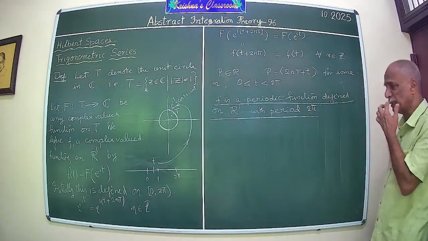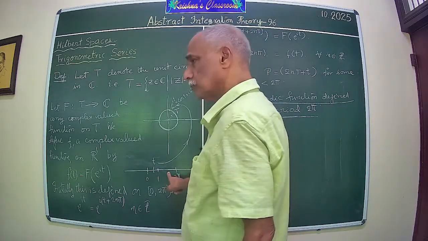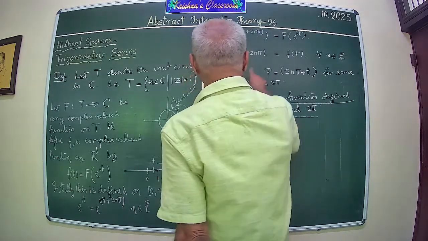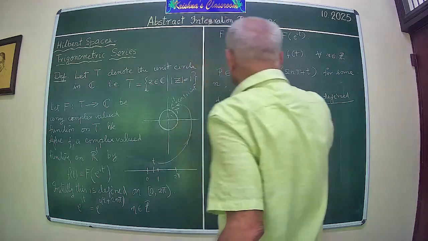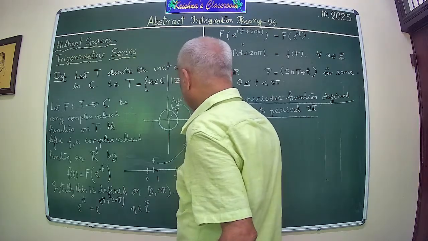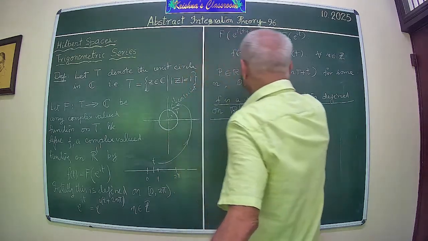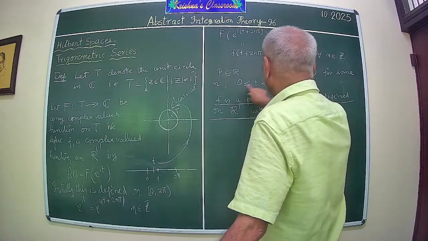So what you do is take any point P here. That point is of the form t plus 2n pi, where t lies between 0 and 2 pi.